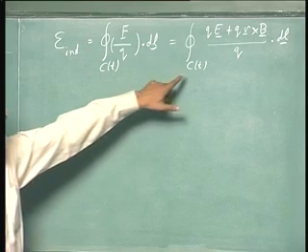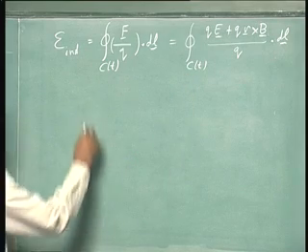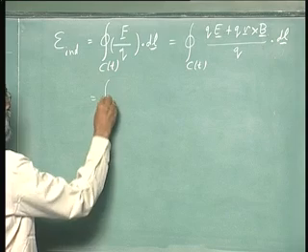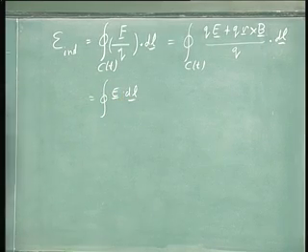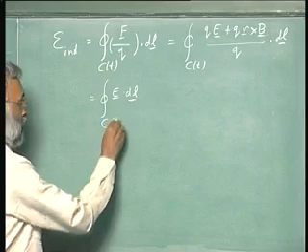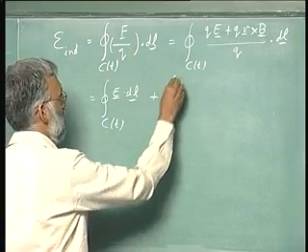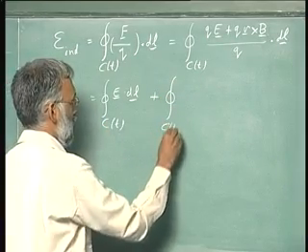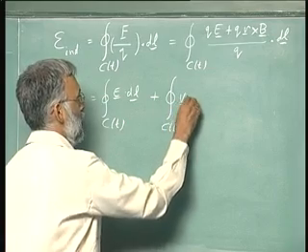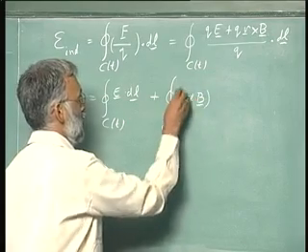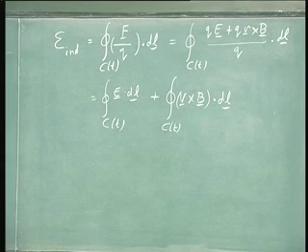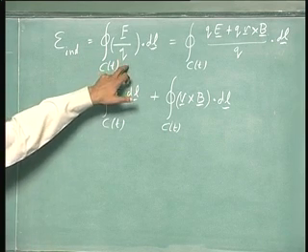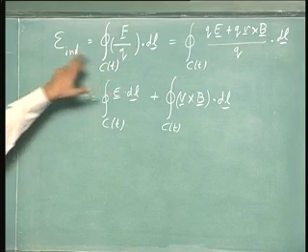So I get two integrals, not one. There is an integral that is E dot dl on that loop, and there is an integral on that loop that is V cross B dot dl. This is just coming out of a redefinition of induced EMF.